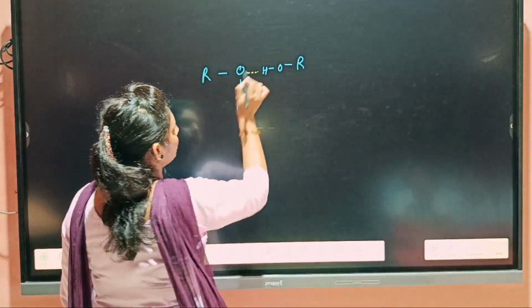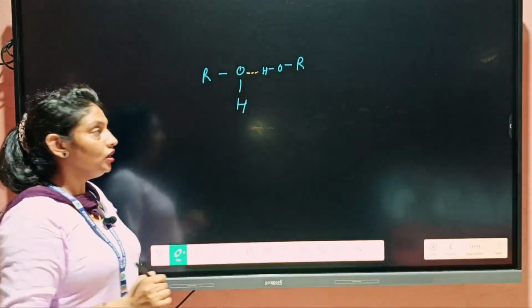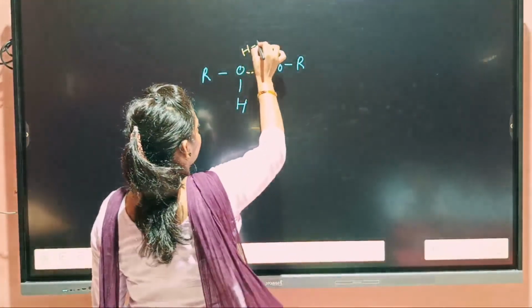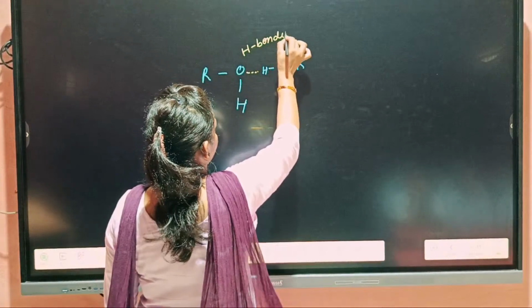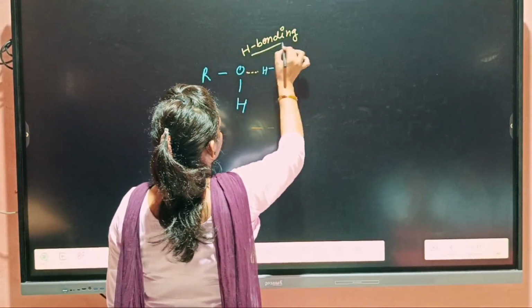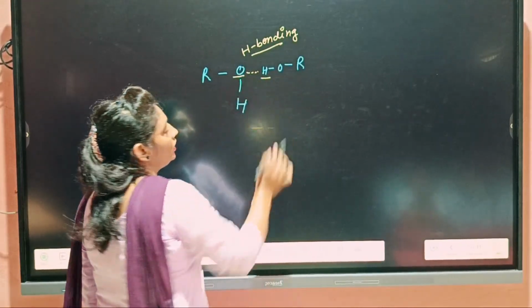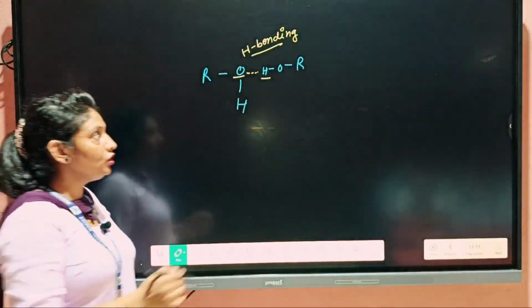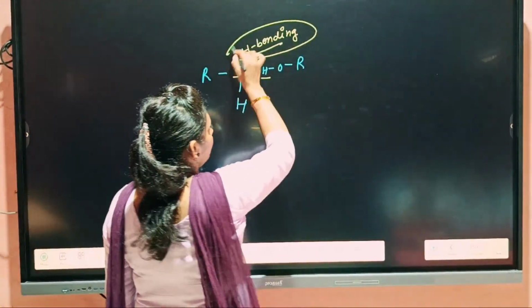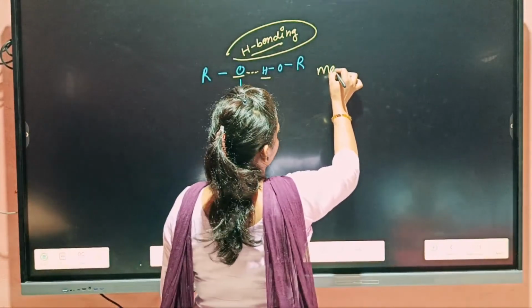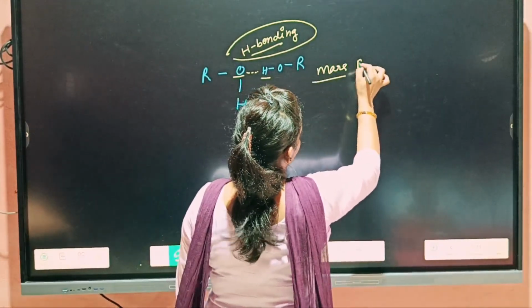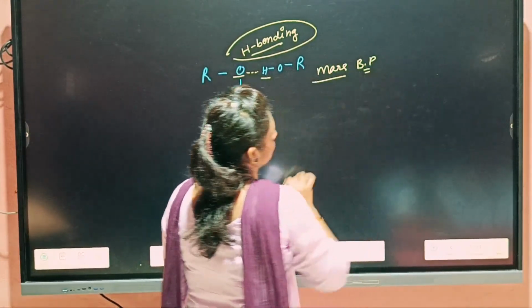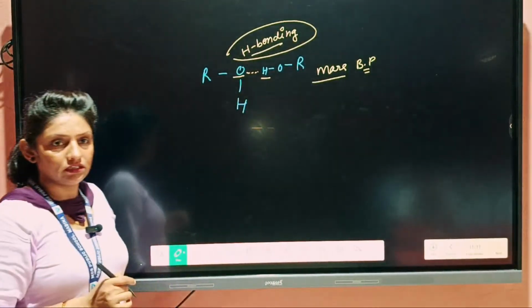Due to formation of intermolecular hydrogen bonding, where hydrogen bonding means a bond between hydrogen and a more electronegative element, they have a higher boiling point as compared to ether.